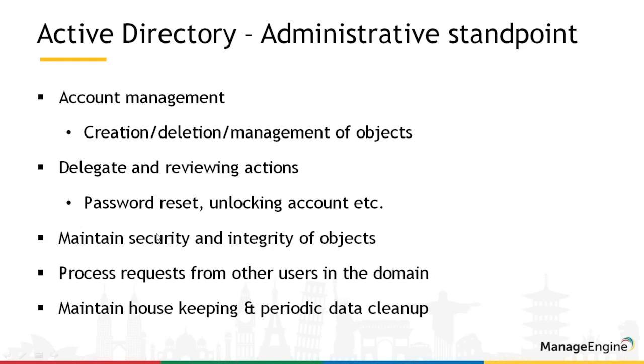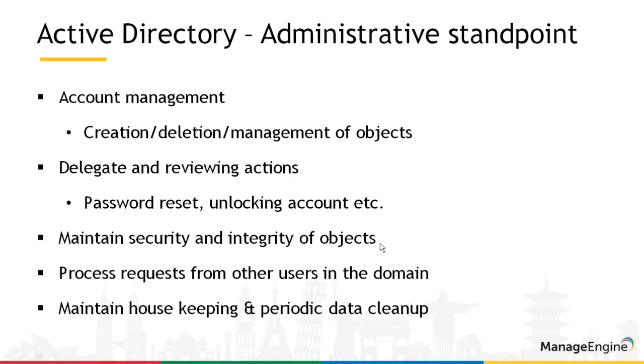The third responsibility would be to maintain the security and integrity of objects. Now, what do I mean by this? So an admin has to define security policies or restrictions in such a manner that the policies help the administrator strike a balance between users' productivity and the security of the organization.